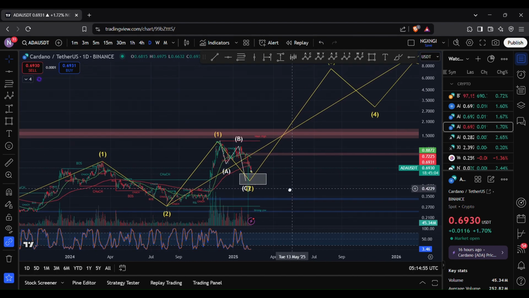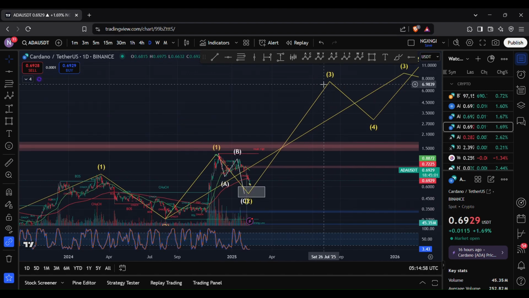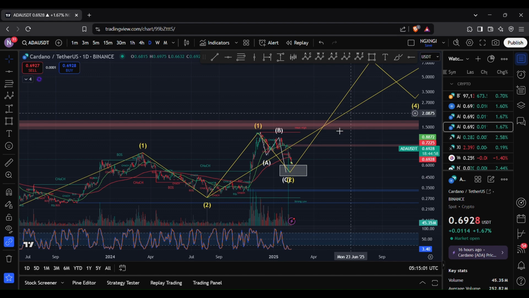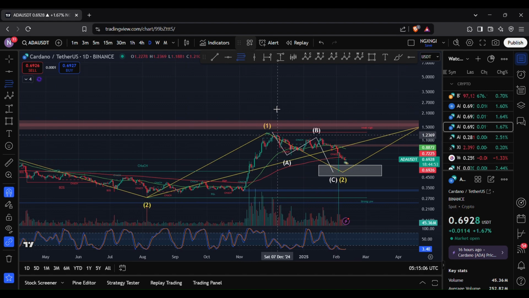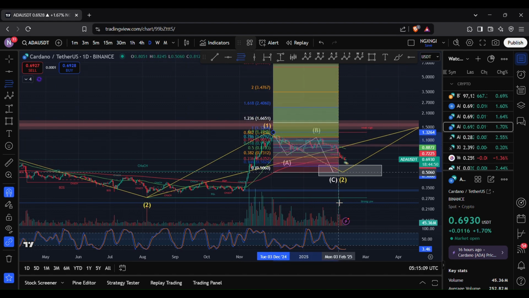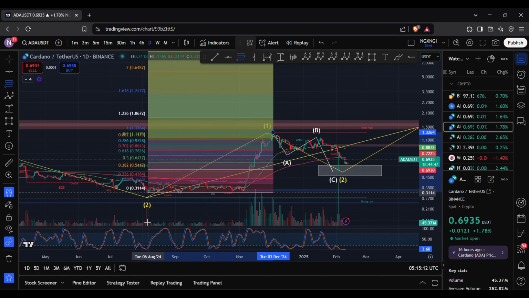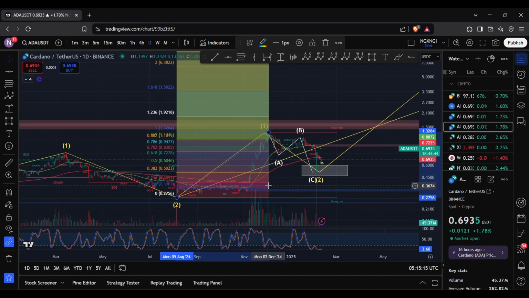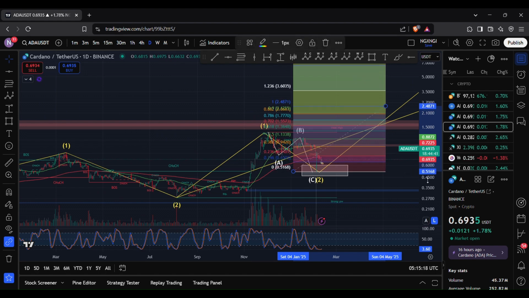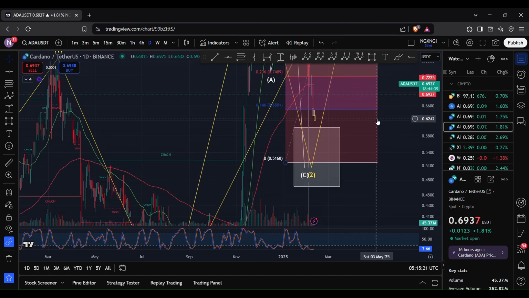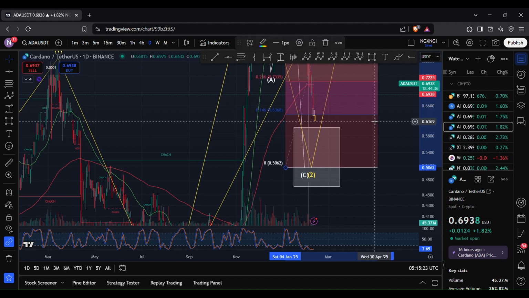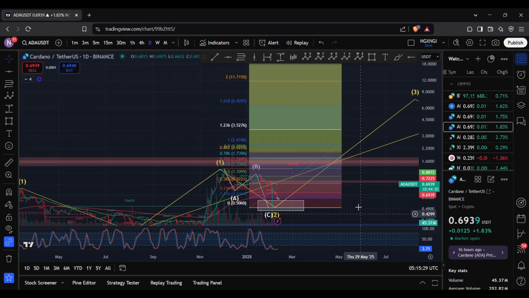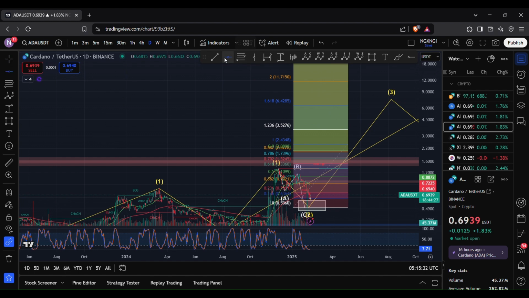If that is the case, then we can look at our targets for this wave 3. Wave 3 is typically 1.618 of our wave 1. If I use the Fibonacci retracement and move this to the right place, sitting at 50 cents, like so, our target for our wave 3 is sitting at $6.43.